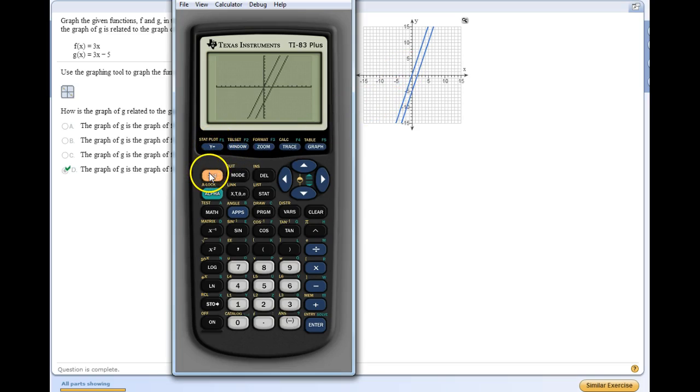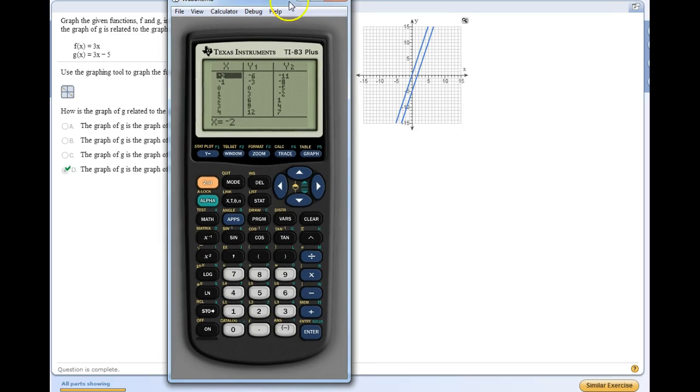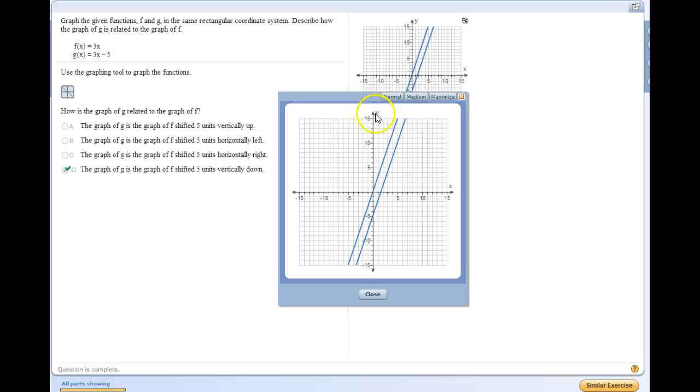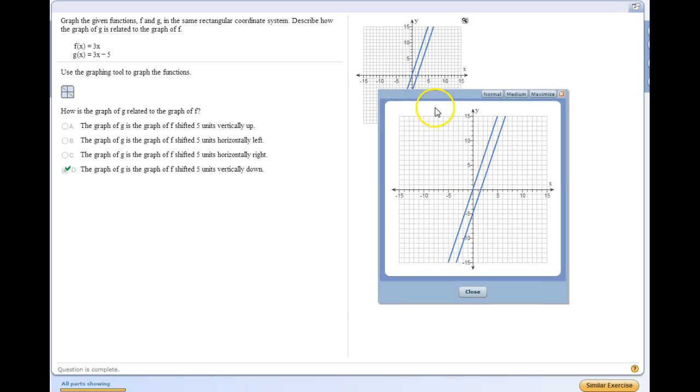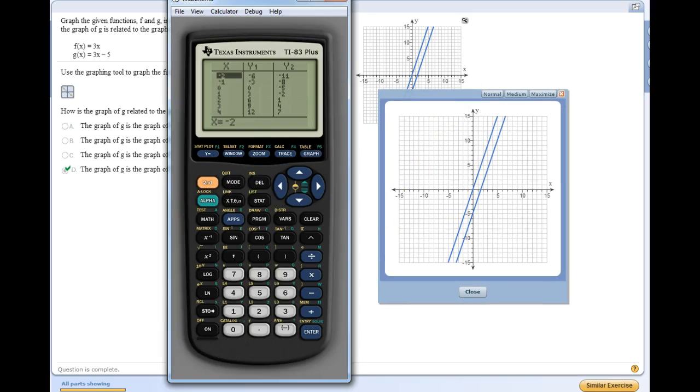To get some points to plot, hit second graph, that's the table, and then you can plot any of these points. For instance, instead of the points I did plot, 0, 0 and 1, 3, I could have plotted -2, -6.